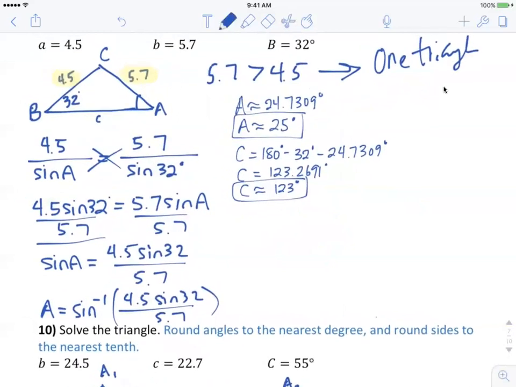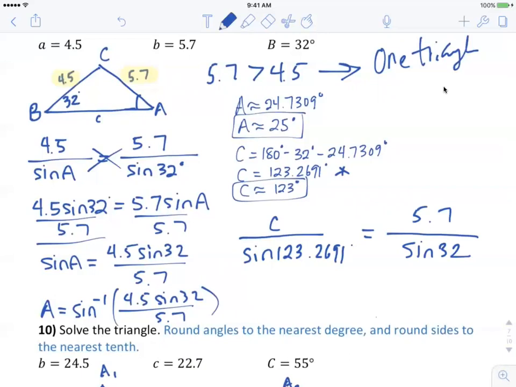So that's going to be the side c over the sine of angle C. And that's why I have that unrounded version of it, just for accuracy in my next calculation. If I just used 123, I might be off by a decimal place, which is going to be frustrating when MyLab tells me I'm wrong. So I'm going to get a little more accuracy. And then the other one that I know that's given is the 5.7 over the sine of 32.